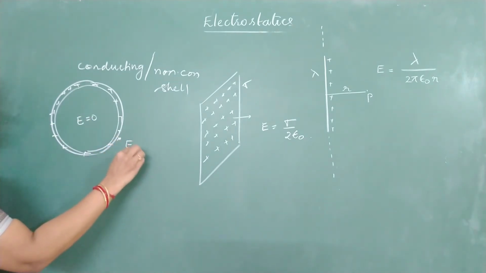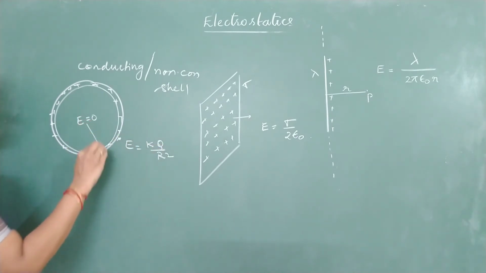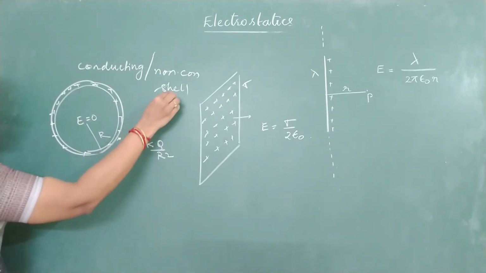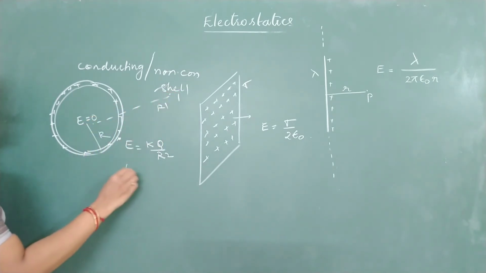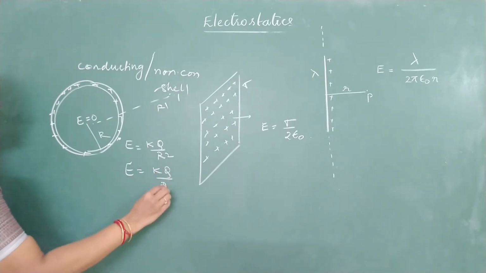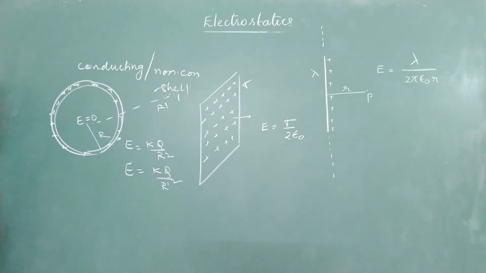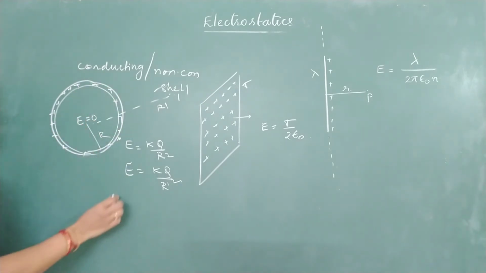On the surface, 1 by 4 pi epsilon naught q by r square, where r is the radius. For a point lying at a distance r dash, electric field at this particular point is k into q divided by r dash square.